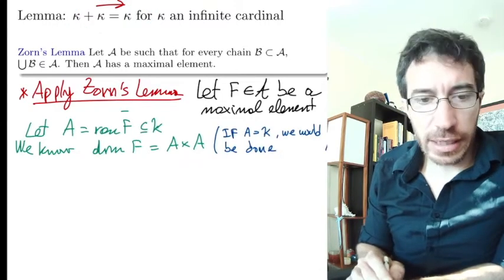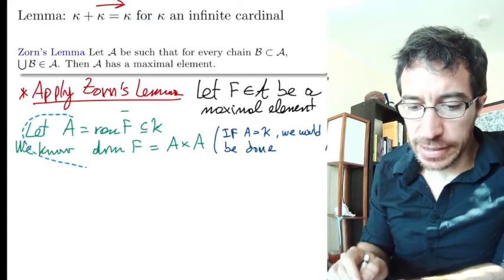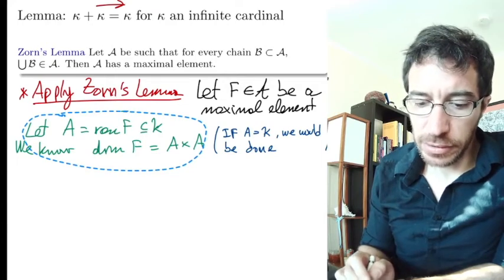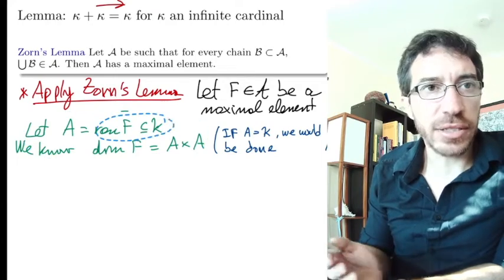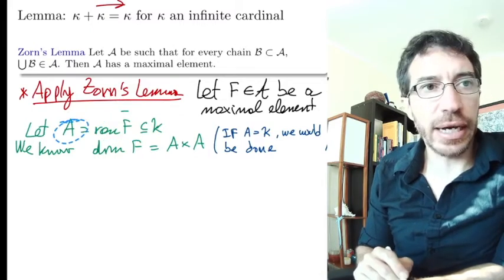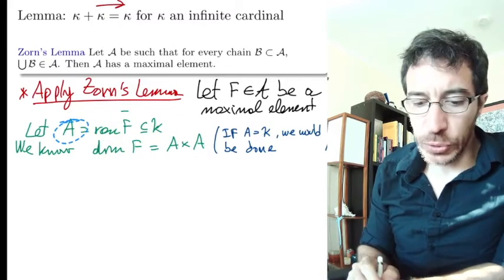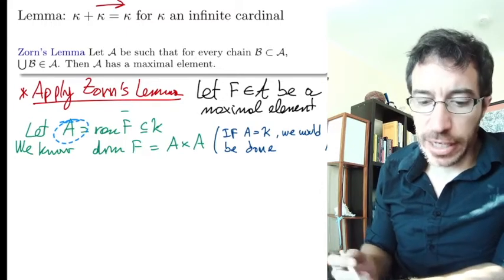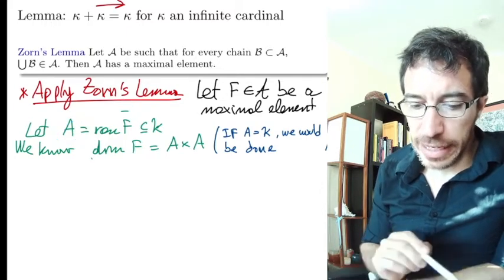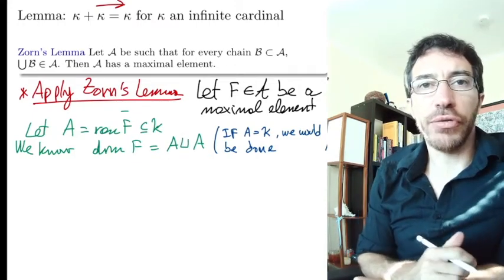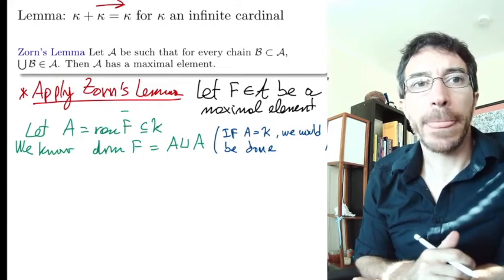What we get, because we know it belongs to the collection, is that the range is a subset of kappa, right? Because every member of the collection satisfies that. Let's call the range of F Roman A. And also we know that since it's in the collection, the domain of F is equal to the disjoint union of A with itself, right?